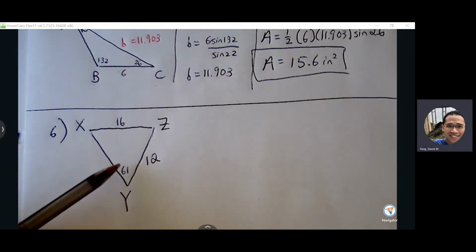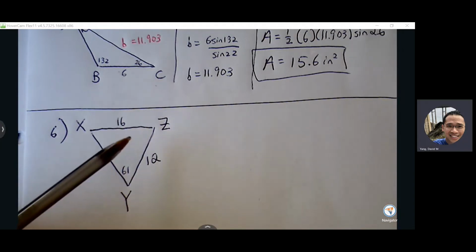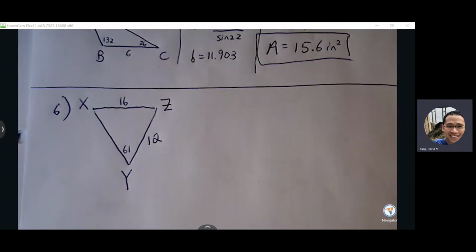Right now I'm showing side angle, so I need to use law of sines to get to a side angle side.